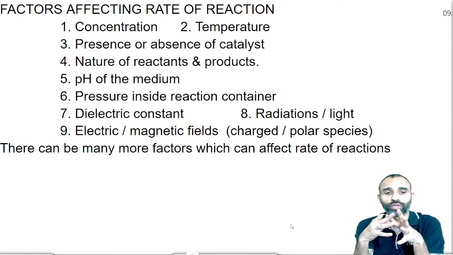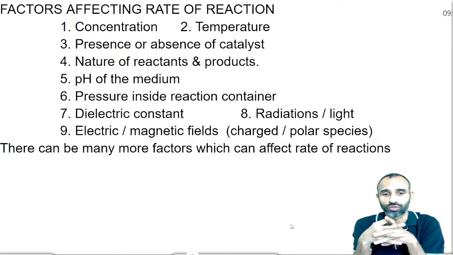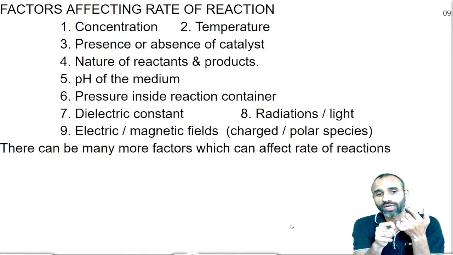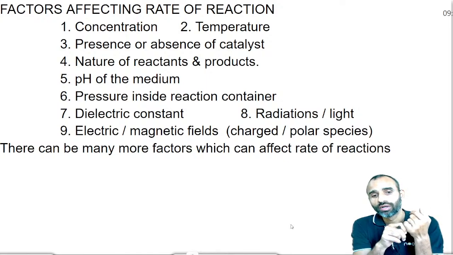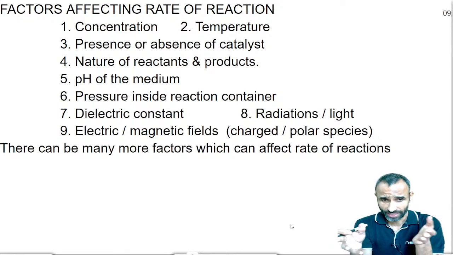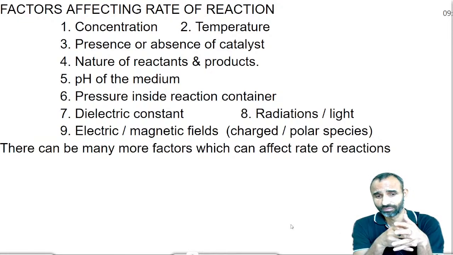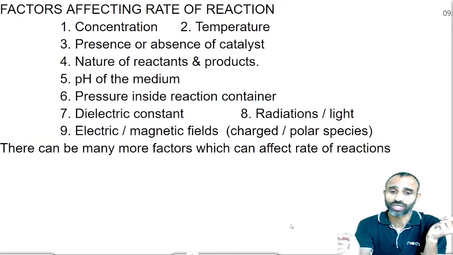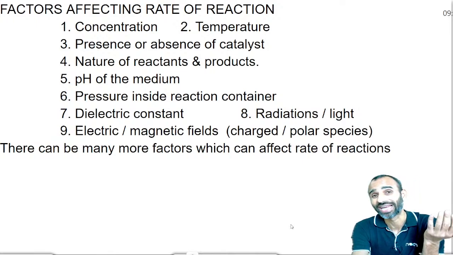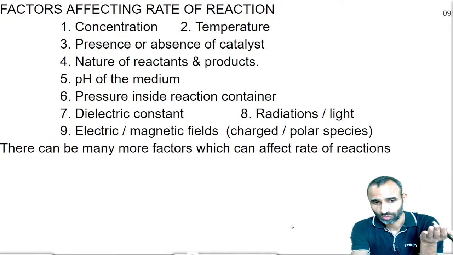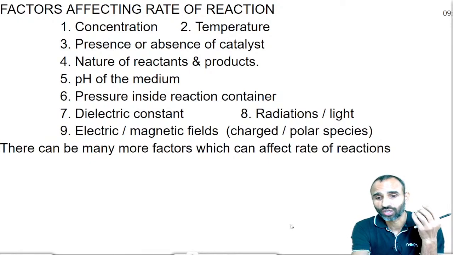Now, the factors affecting rate of reaction: main factors are concentration, temperature, presence or absence of a catalyst, nature of reactants, pH of the medium, pressure inside the reaction container, and even the dielectric constant of the solvent, which will change the rate of reaction. Some reactions take place in the presence of light only.